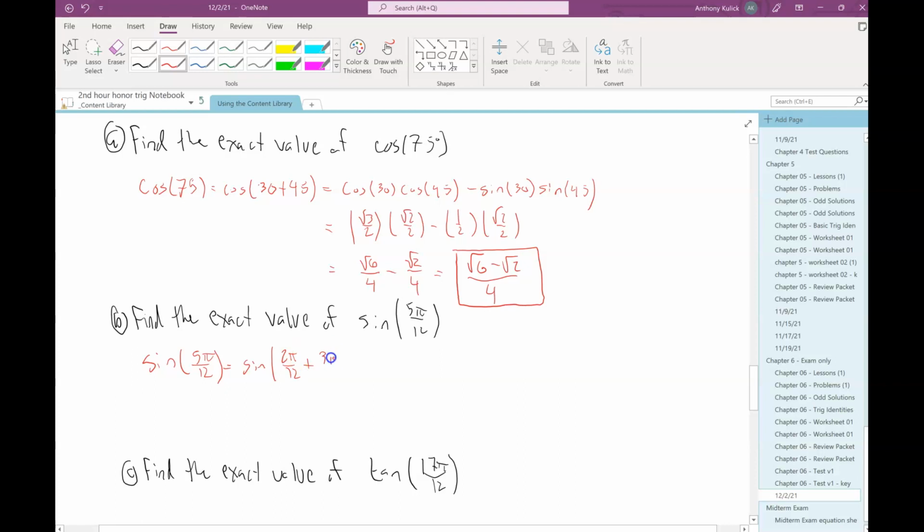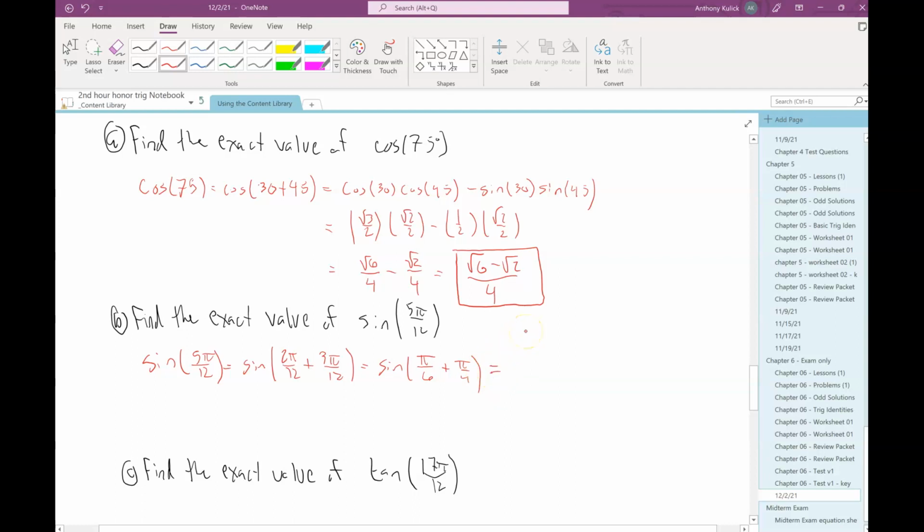And the reason I want them to reduce is when I do that, 2 over 12 becomes 1/6. 3 over 12 becomes 1/4. And now I have unit circle angles that I can deal with.